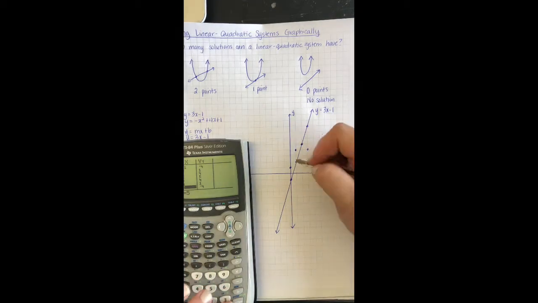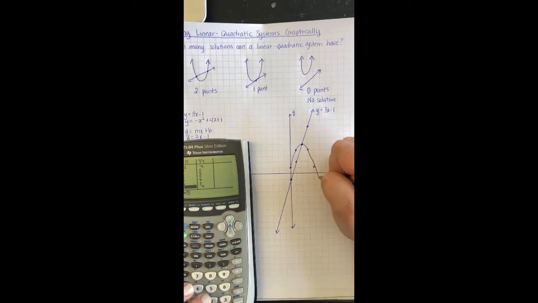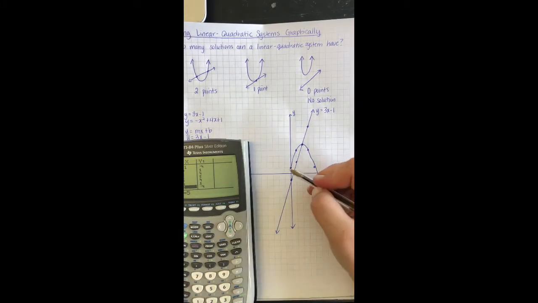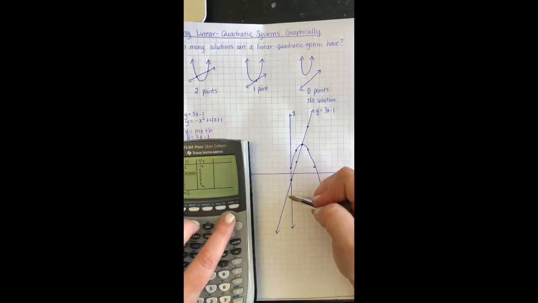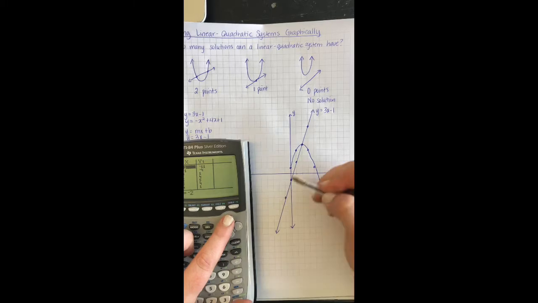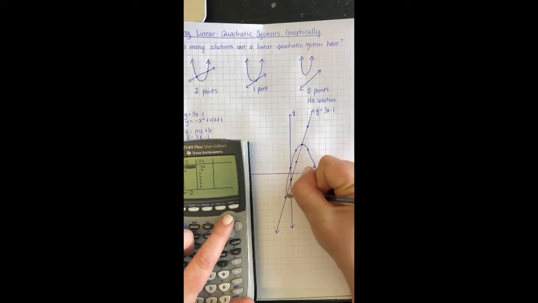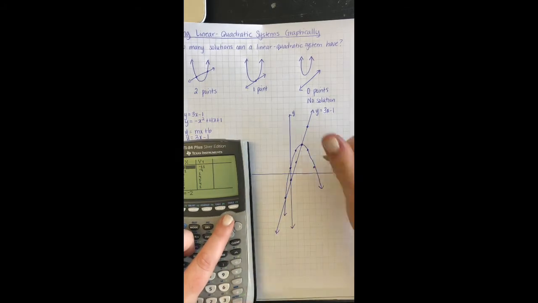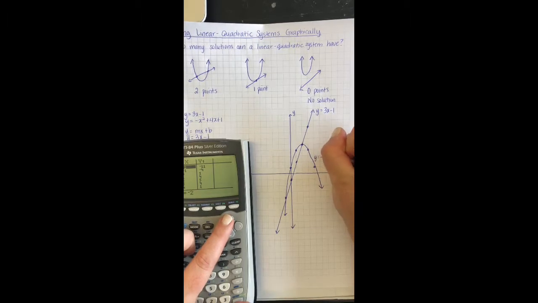Now as I start to connect these parts of my parabola, I can clearly see one intersection, and hopefully you understand that there's another intersection over here, so I'm going to have to be careful and graph a couple more points so I can get that clear second intersection. So I'm going to work my way up my table. -1, -4, and there we go. There's that last intersection. That's our parabola, y equals -x squared plus 4x plus 1.